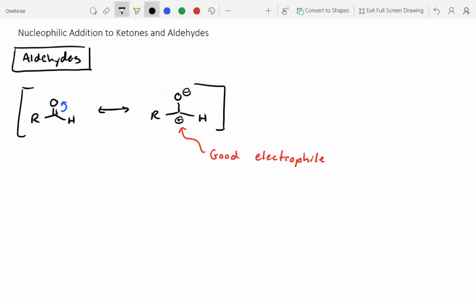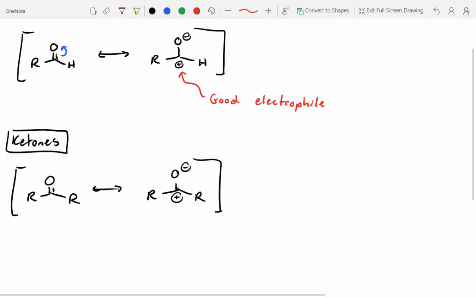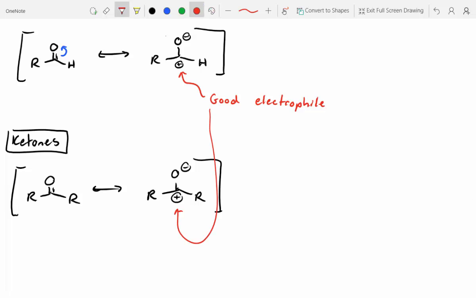So let's do the same thing with ketones. And we'll just do a quick resonance structure. And I'm going to just extend this arrow down here.